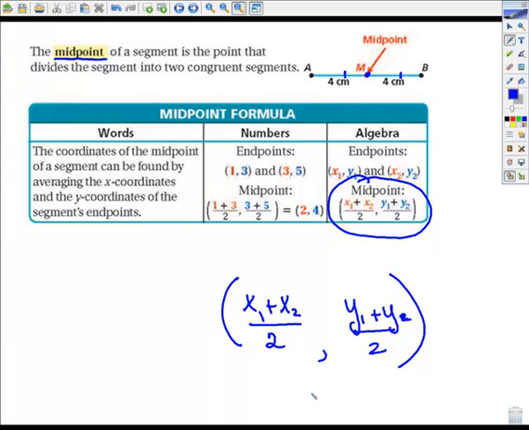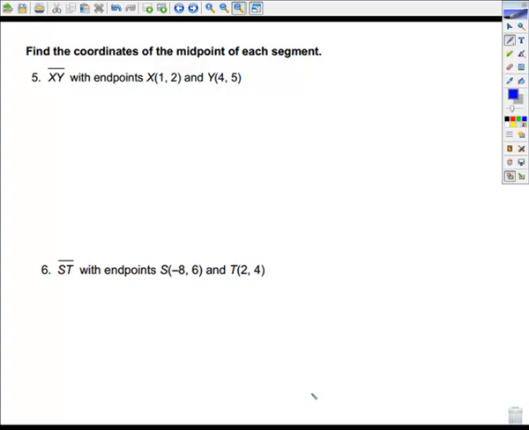Let's do a couple of these as an example to find the midpoint. So here we're finding the midpoint of segment XY. So I'm going to take the x coordinates, 1 plus 4, divide by 2, comma, the y coordinates, 2 plus 5, divide by 2.